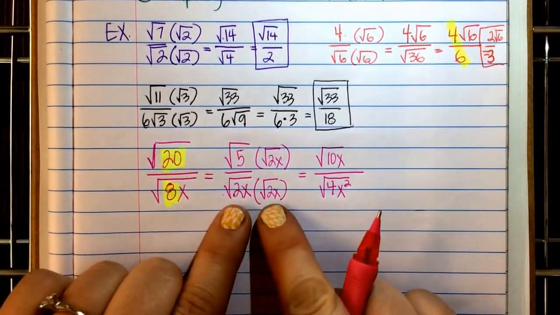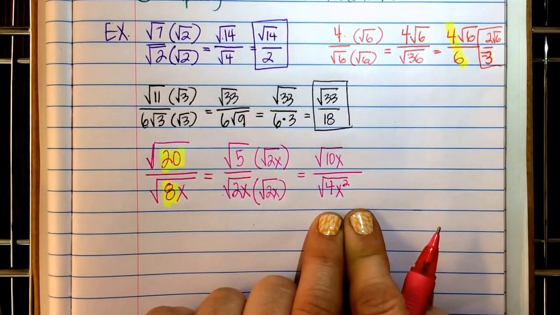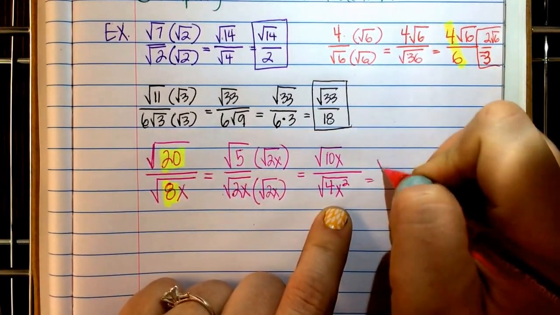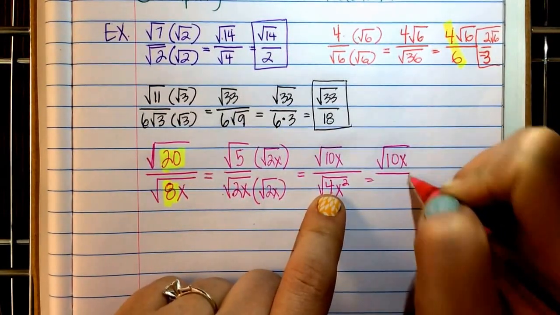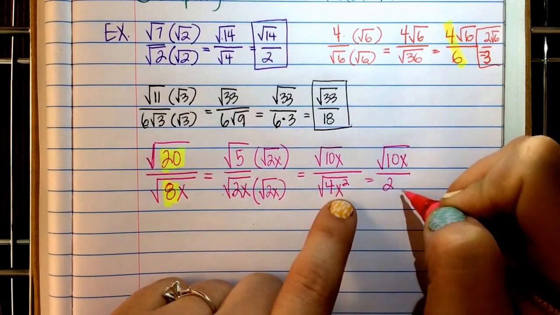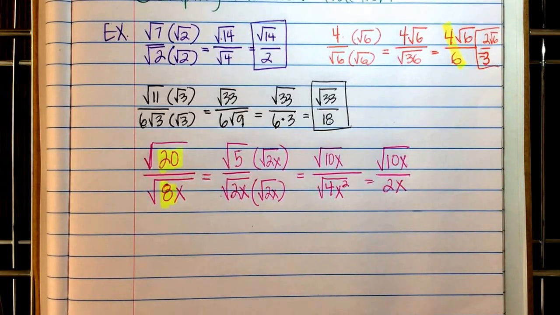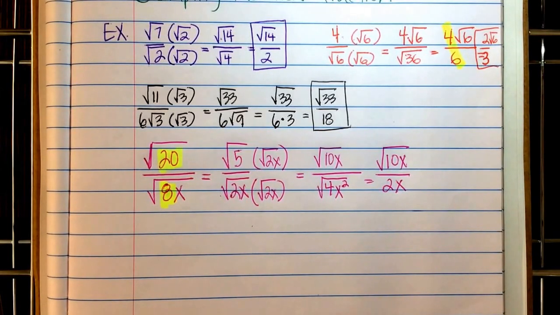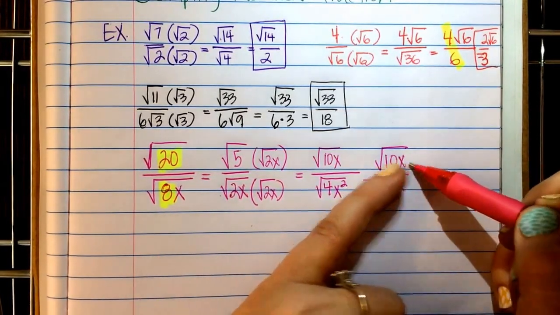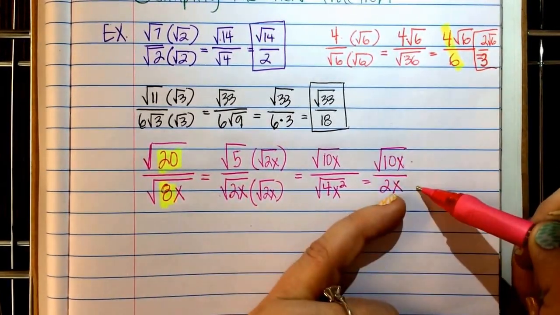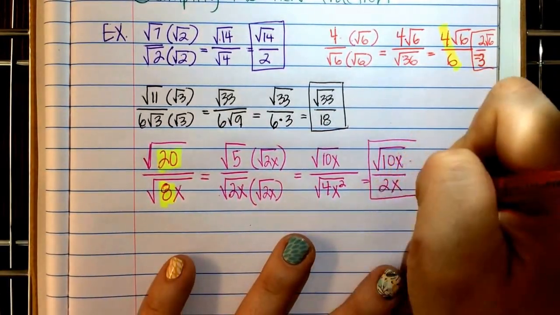Some of you are seeing the pattern that if I do this, I could just rewrite the radicand by itself. Radical 10x over the square root of 4 is 2, and the square root of x squared is x. Can this simplify? Why can this not simplify? 10x is a radicand. 2x is a coefficient. They're not like terms. So that would be my final answer.